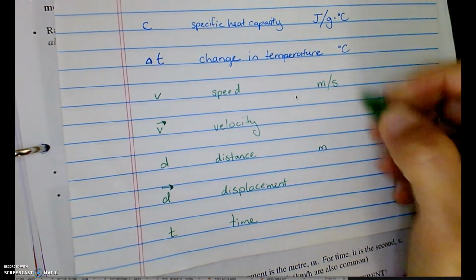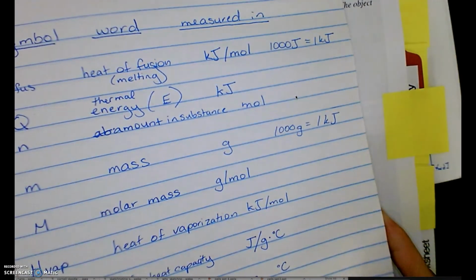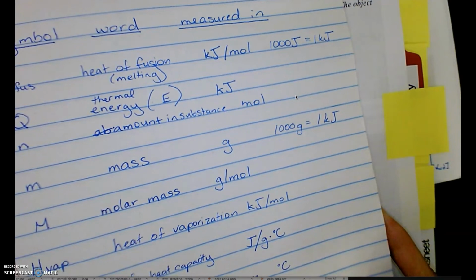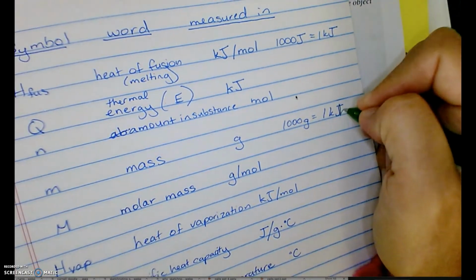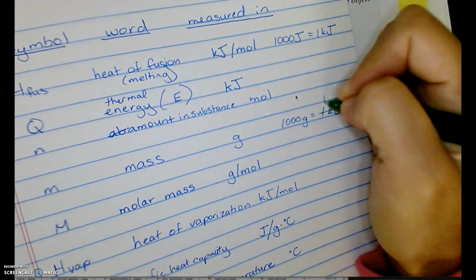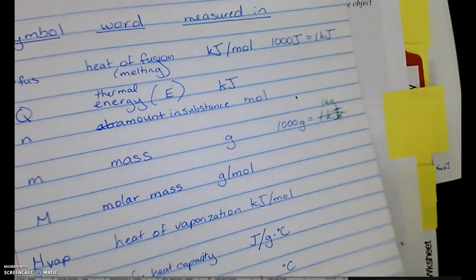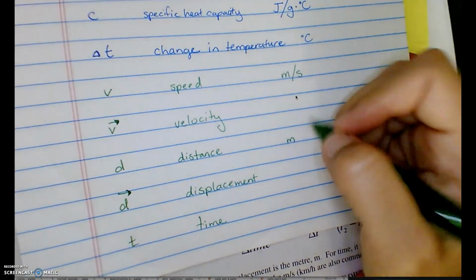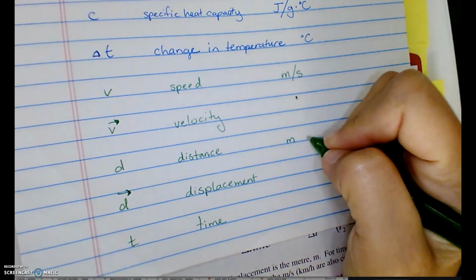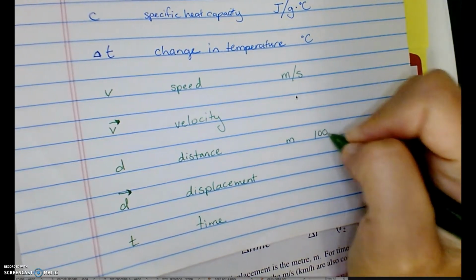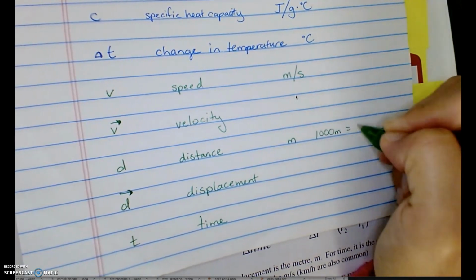Distance can be meters, and just like how we put up here 1,000 joules is a kilojoule, 1,000 grams is a kilogram. Nobody corrected me on that one. Okay, same with mass, or meters. Okay, so 1,000 meters is a kilometer.